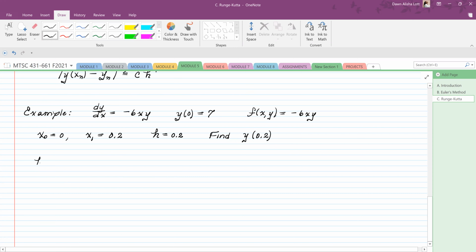So our first thing is K1, and K1 is f of 0, 7, which is negative 6 times 0 times 7, and that's 0. Okay, so now we need to compute K2.